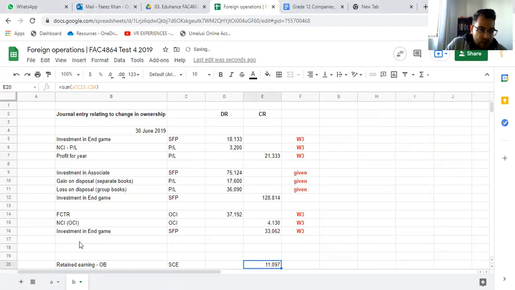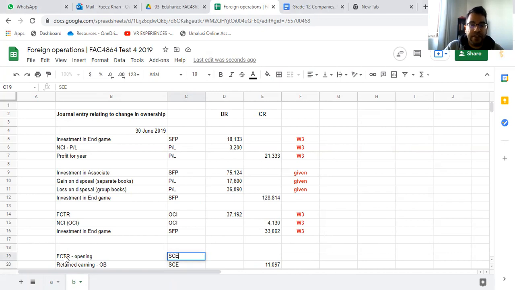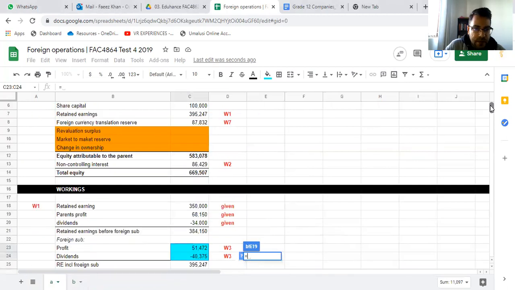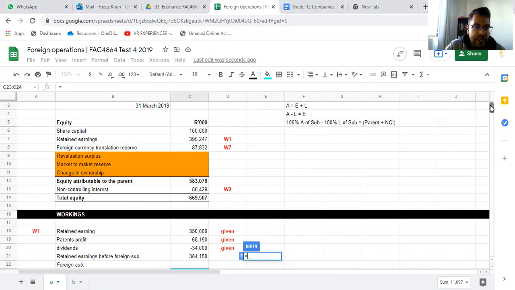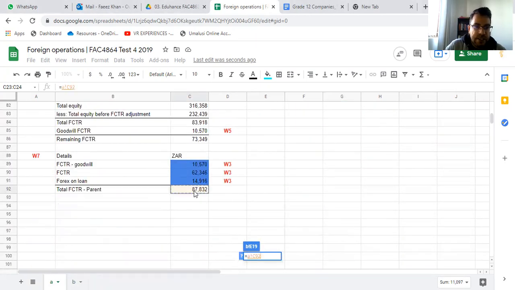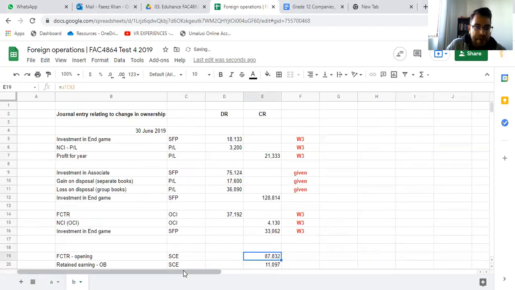Okay. For FCTR opening, it is also SCE. Remember, all the FCTR from the parent's perspective relates to the foreign operation. So we can just go fetch it from the working. I'll just go fetch it from working 7. Okay, so it's working 7. So it's the full balance, because remember, all of it relates to us.